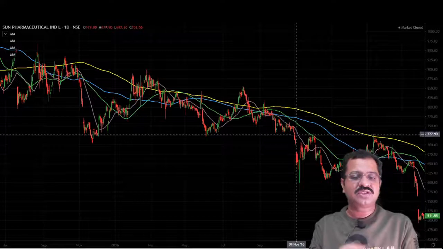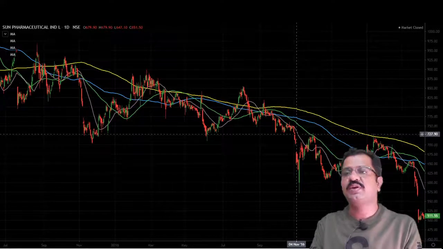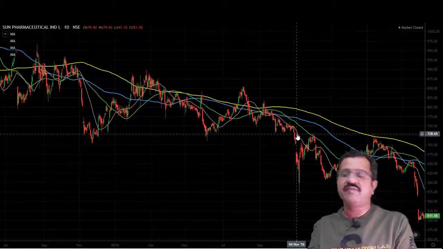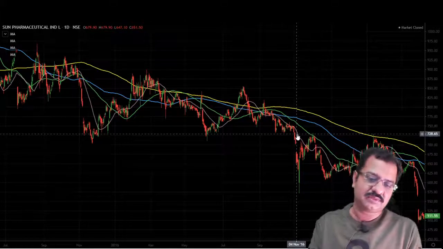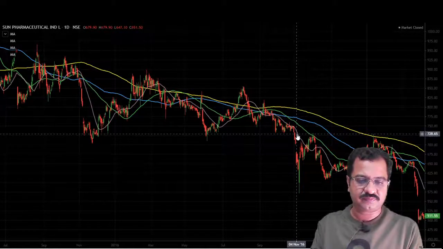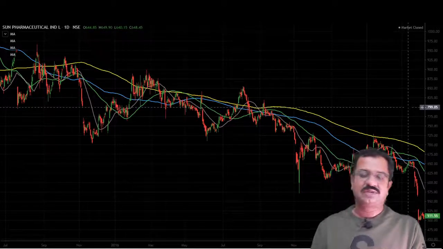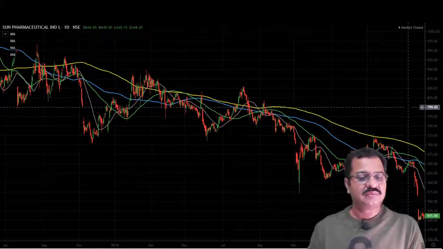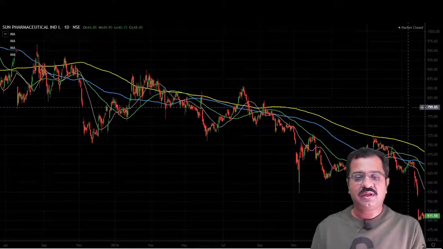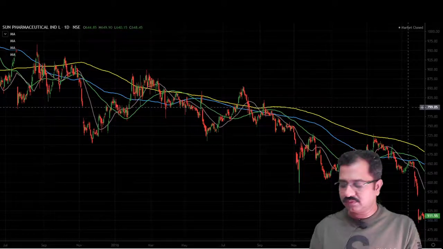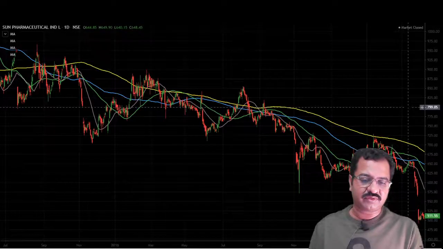So you can use this as a filter, that okay, now in this market I will use my bearish strategy on this stock. So that can act as a very good filter, or as a standalone strategy to short in this bearish market. So that's how you can use moving averages.